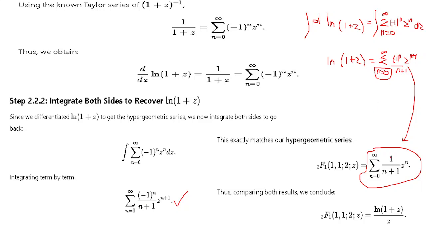Now I want it to look like 1 all over n plus 1. What do you do to make this one to be 1? Are you with me? I'm with you, sir. I want this thing to be comparable to this. When we say compare, that means you take this side and equate it to this side.